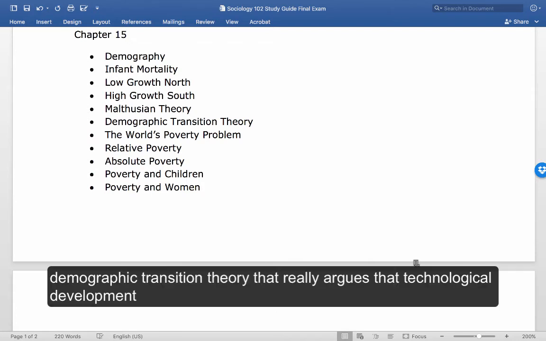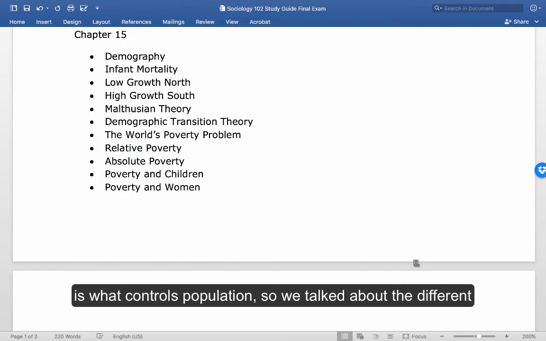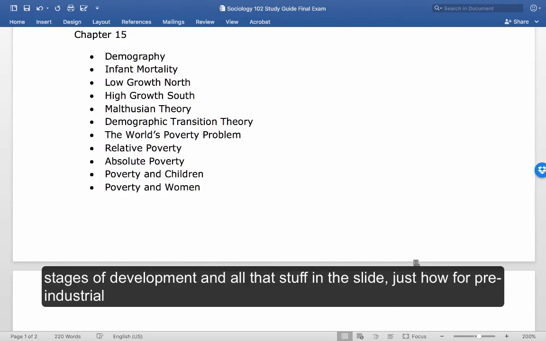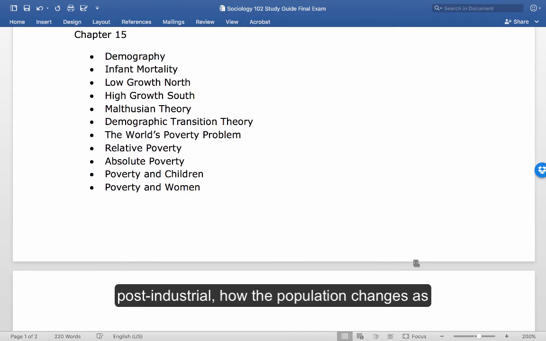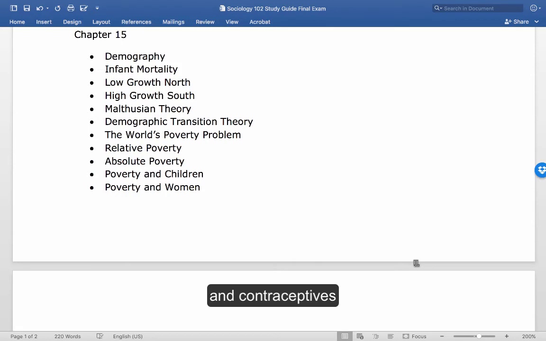Nowadays there's demographic transition theory, which argues that technological development is what controls population. We talked about the different stages of development in the slide, pre-industrial, industrial, post-industrial, and how the population changes as a result of having more access to technology and contraceptives.